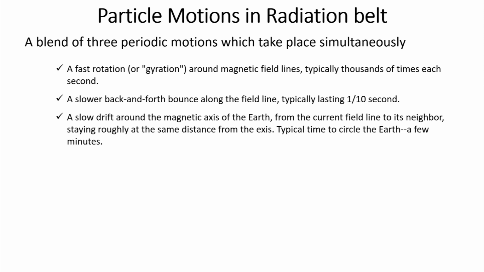The third is a slow drift around the magnetic axis of the Earth, from the current field line to its neighbor, staying roughly at the same distance from the axis. The typical time to circle the Earth is a few minutes. We will now see each of those dynamics one by one.